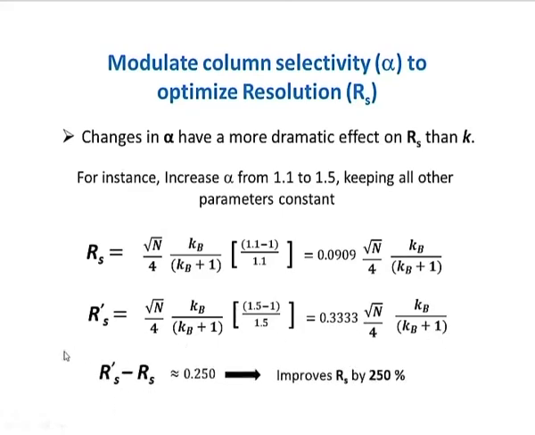So, it means the change in resolution is 0.250, which means that your resolution is improved by 250%. Now, that is remarkable, and this is what we mean when we say that this factor has a dramatic role in optimizing resolution. Having said that, there is a word of caution.